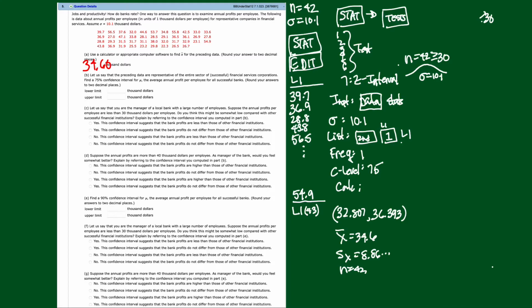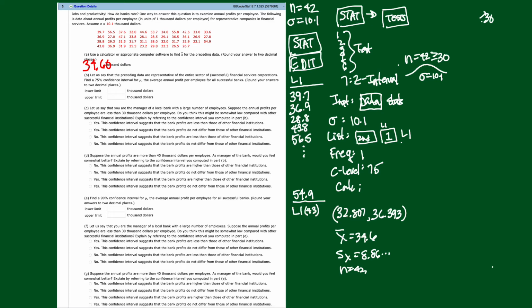Now, part B. Let us say that the preceding data are representative of the entire sector of successful financial services corporation. Find a 75% confidence interval for the mean. All right, so the lower limit, and it says what? Round to 2 decimal places. All right, so here's our lower limit right here. And if I round to 2 decimal places, I'll get 32.81.